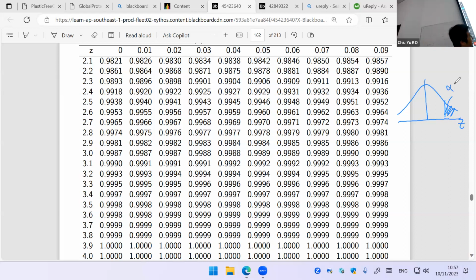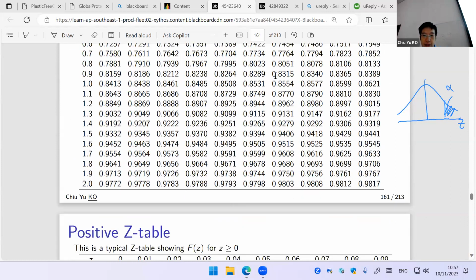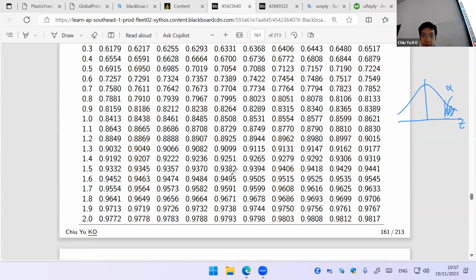The right hand side is 5%, right? If the right hand side is 5%, the left hand side is 95%. That means 0.95, which is essentially here. You read from here, it's between these two numbers. It's 1.6 and 0, 1, 2, 3, 4, 5. So 1.645 is in the middle of these two.